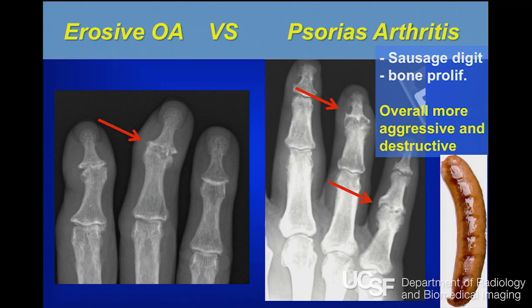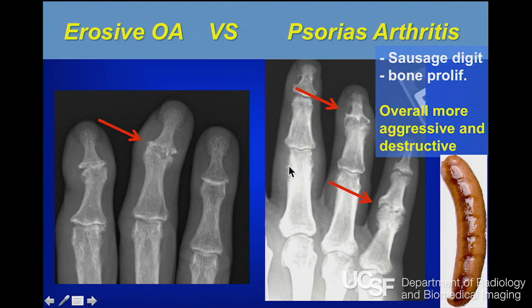Now, it helps if you look first of all at the soft tissues, and this is really what you see. You see these typical sausage digits. This is not something you find with erosive OA. You find these extensive soft tissue swellings. Also, overall, psoriasis looks much more aggressive than erosive OA. It has these really destructive changes.